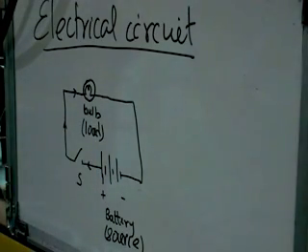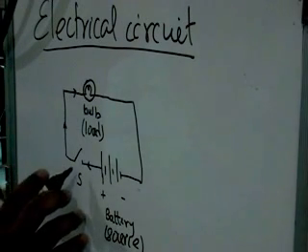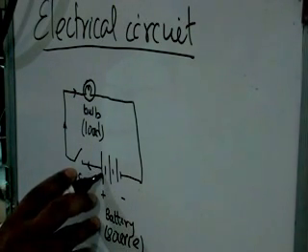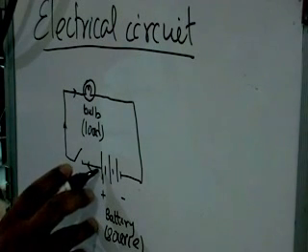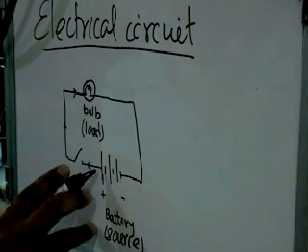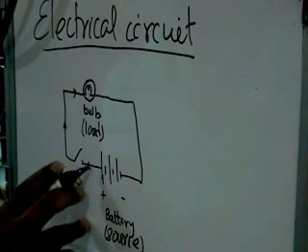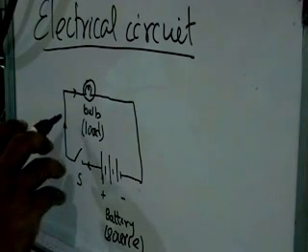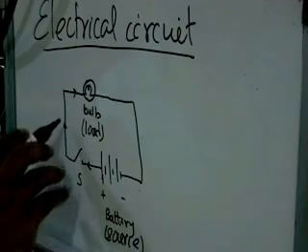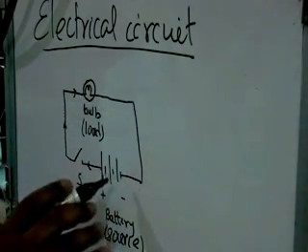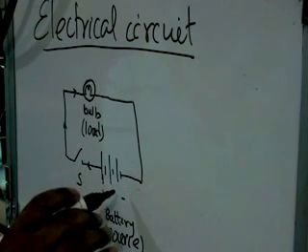And as you have seen, once you close this switch, the current flows from the battery in direction starting from the positive end of the battery via the switch and the load, and then back to the battery in the negative terminal.